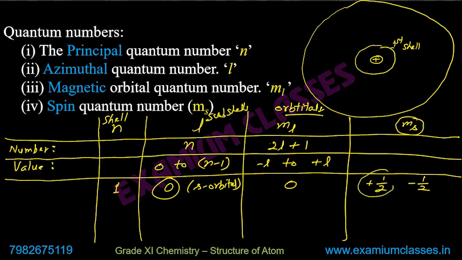You need to remember this. When I explain the second shell, n equals 2, it will be clearer because you can compare it with the first one.